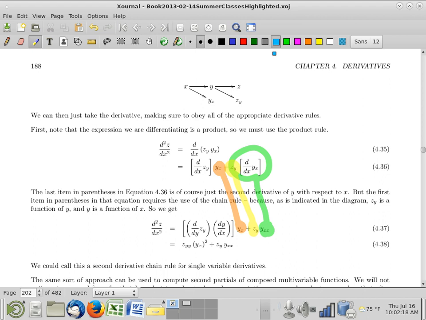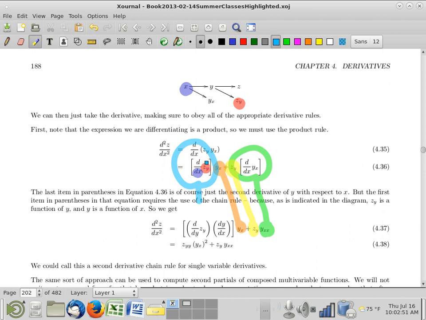So what I want to focus on now, though, is what is that? What is the x derivative of zy? How do I think about that? And here's where the diagram is going to answer our question. I've got zy, and I'm taking the derivative with respect to x.